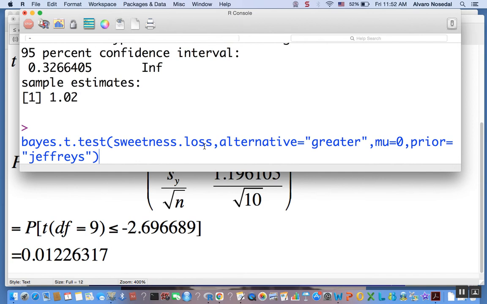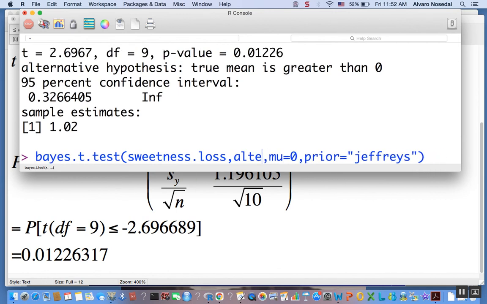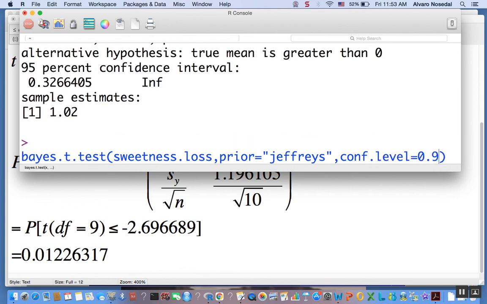We already have it, sweetness loss. There's no need for an alternative if we want a credible interval. There's no need for a value for mu under the null hypothesis. Jeffrey's prior, good. And then, since we want a 95% credible interval, what we need is that argument conf level.